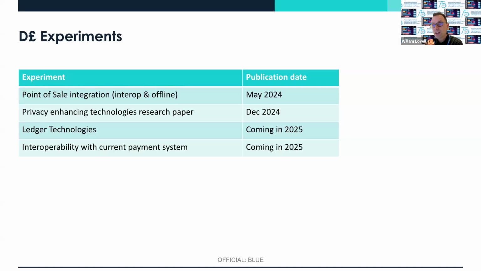And the Privacy Enhancing Technologies research paper came out this week. Do check that out if you're interested. And then in 2025, the ledger technologies work, that's just looking at performance and different data structures, and also the interoperability with the current payment system, we'll be publishing next year as well.